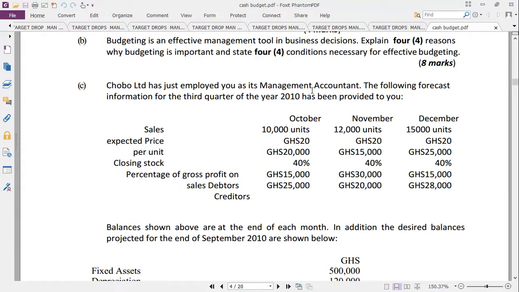Don't tell the examiner that you are unemployed or you will not assume the responsibility. The following forecast information for the third quarter of the year 2010 has been provided to you: sales for October, November, December. Everything you need is there.